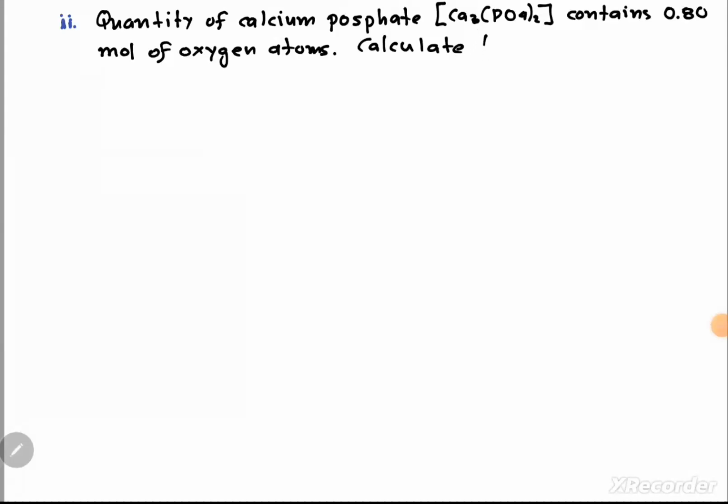Calculate the mass of calcium phosphate and the calcium atoms.